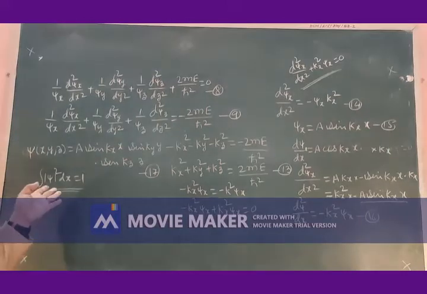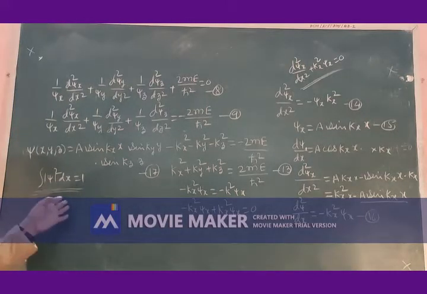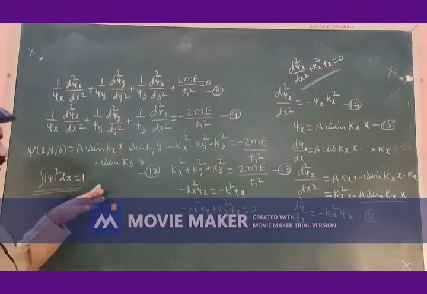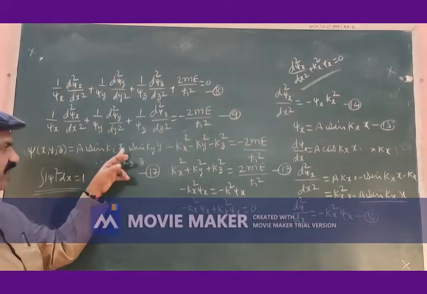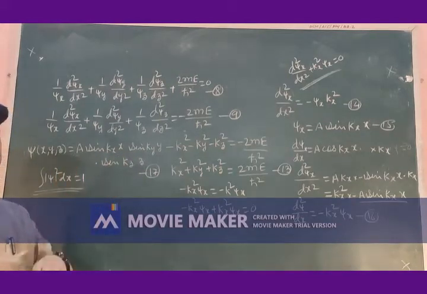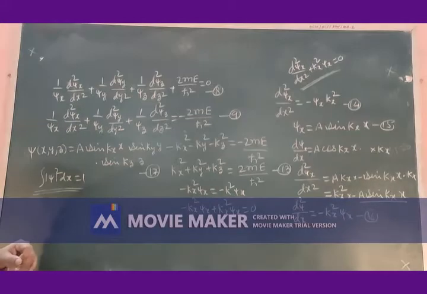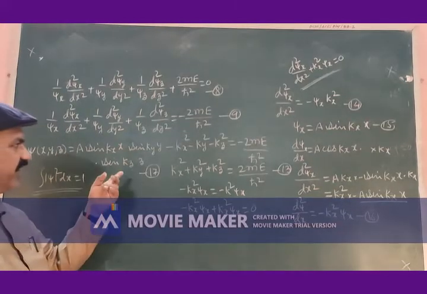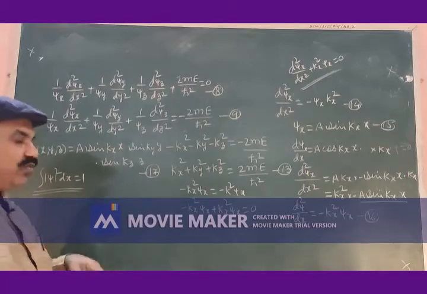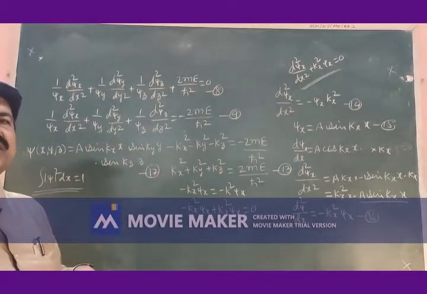Using this equation, the value of a can be found. Now, what should be the values of kx, ky and kz in equation 17? This is left to be found. So let us try to find the values of kx, ky and kz. How to find them?